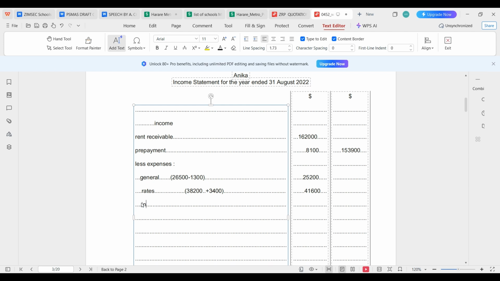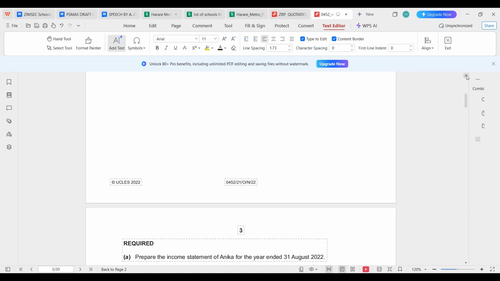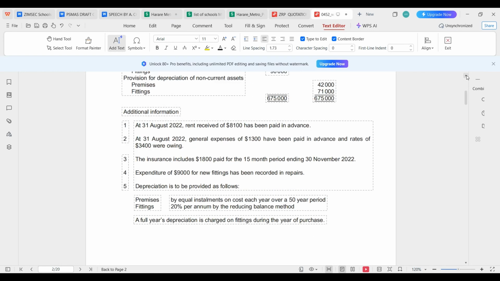But we also have to check if we have any adjustments, which I'm sure we have for insurance. Because if you look at adjustment number 3, it gives us something to do with insurance, which says insurance includes 1,800 paid for a 15 months period ending 30 November 2022.